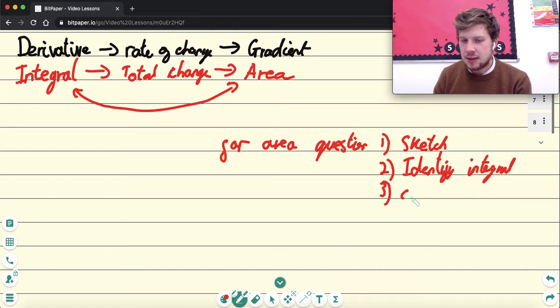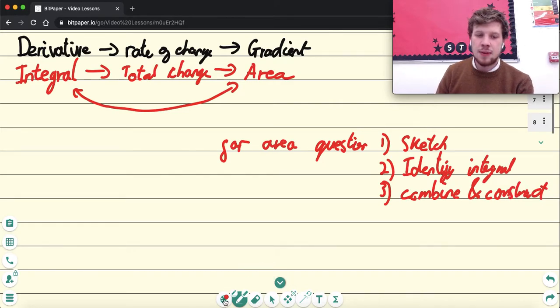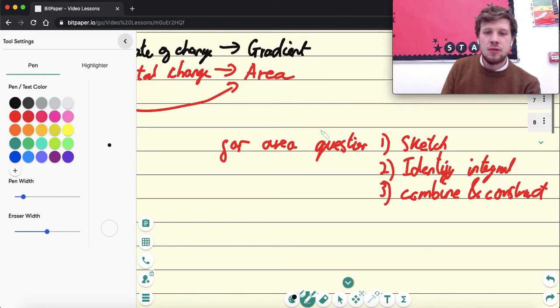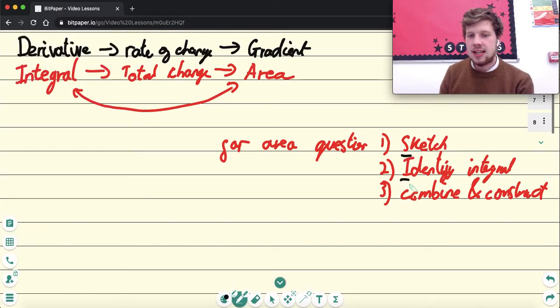So my last section is combine and construct. And I like to think of this as my area, and my integrals is always SIC, S-I-C. I love an abbreviation, so I always think for area questions, I'm going to think about SIC.